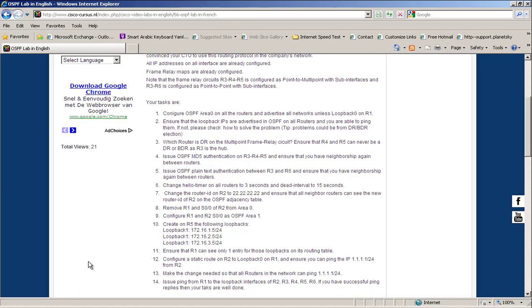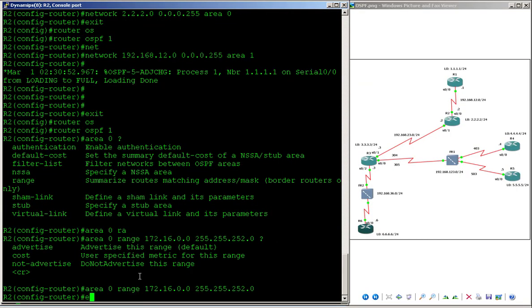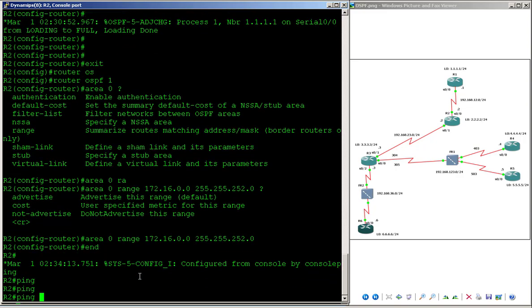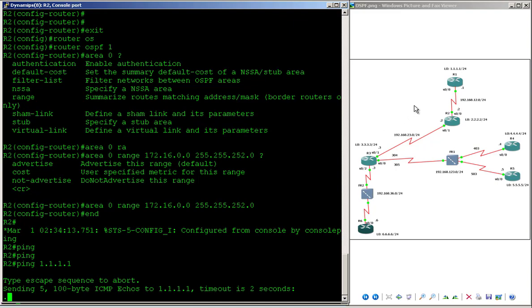Okay. Now configure a static default route on R2 to loopback 0 on R1, and ensure you can ping the IP address of the loopback. So I go to router 2, and first let me ping 1.1.1.1 to ensure that I cannot. That's the IP address of the loopback of router 1. As you can see, I cannot ping this interface.